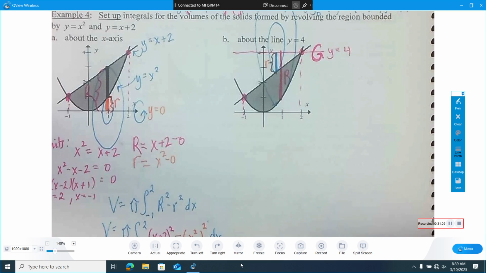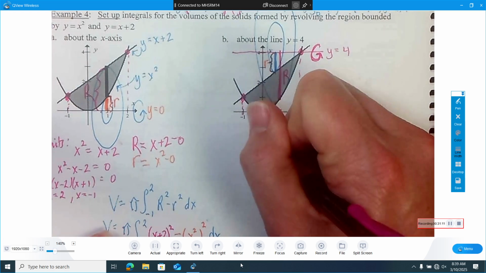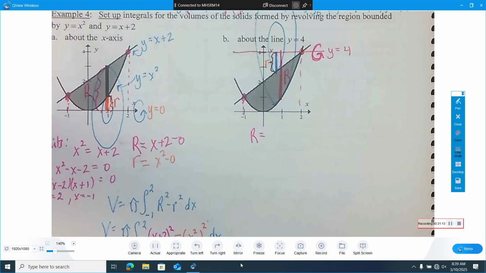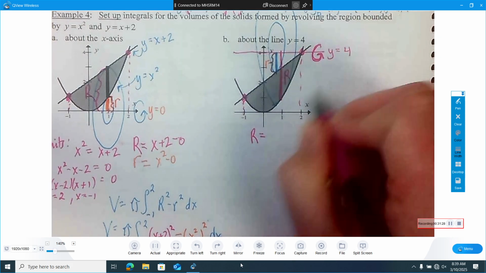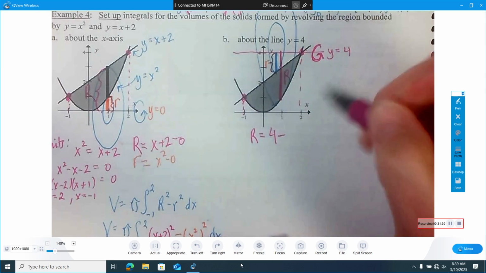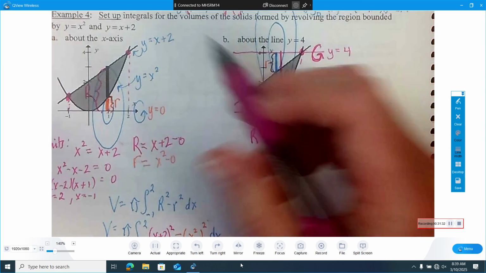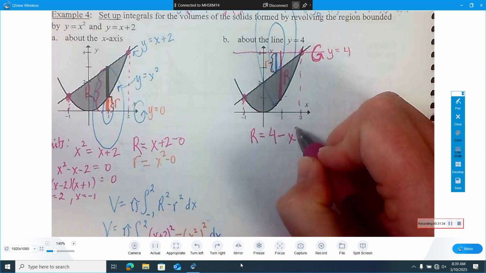All right, so what is our big radius? Four minus x squared, yeah, top minus bottom, so the top is 4, minus our bottom here, which is y equals x squared, so just x squared.